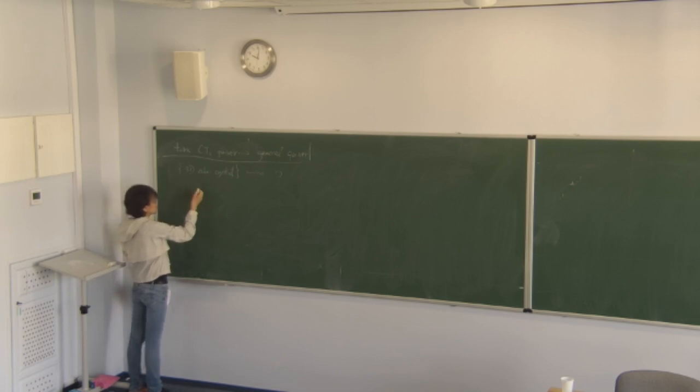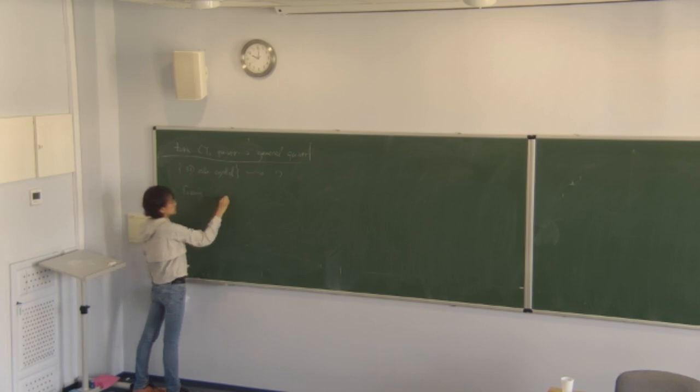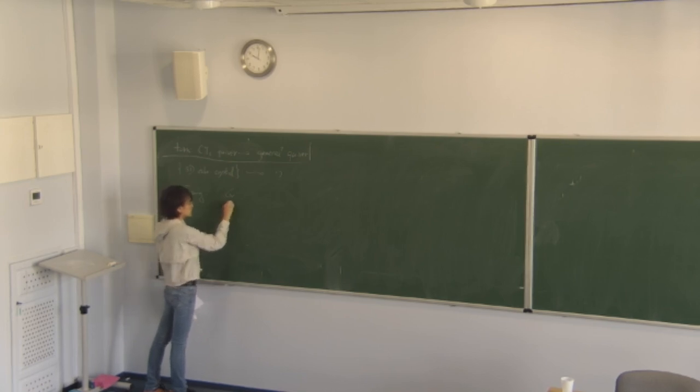So first I want to mention the concept of framing. A framed quiver, for a given quiver, means that you introduce another vertex, labeled by this infinity sign, and then there are some arrows going from the framing vertex to some vertices that are already in your quiver, and some arrows back.